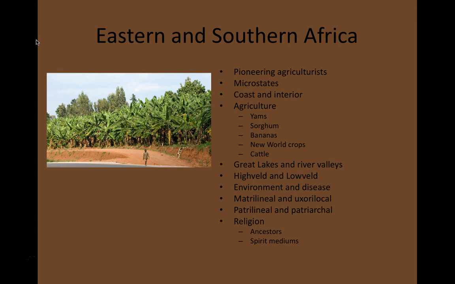Much as with West Africa, though, with some variation, religion, at least one of the very most important, probably the kind of day-to-day most common rituals and things deal with the veneration of the ancestors. The ancestors are the ones who are thought to be most proximate in existence to the living beings, the living humans.